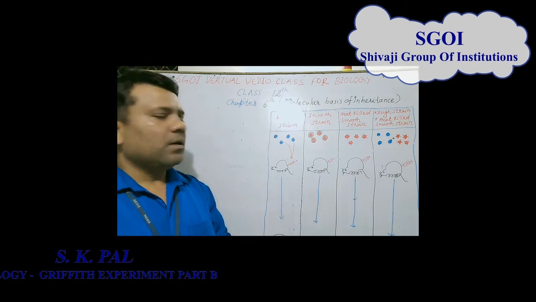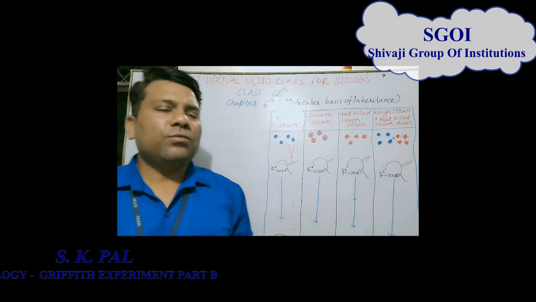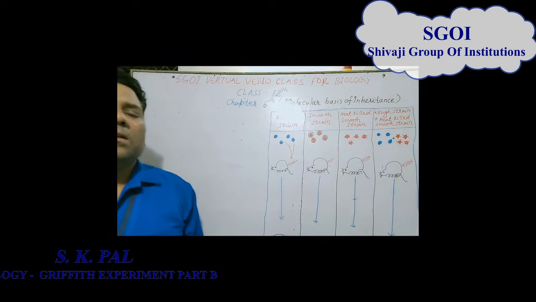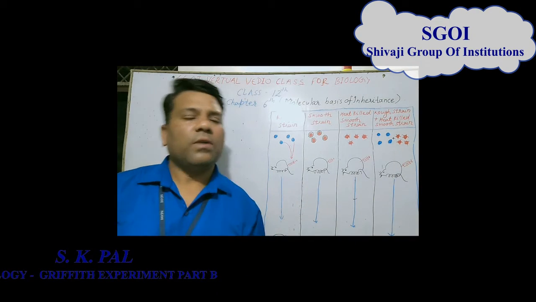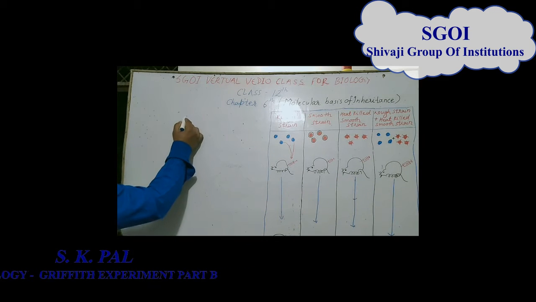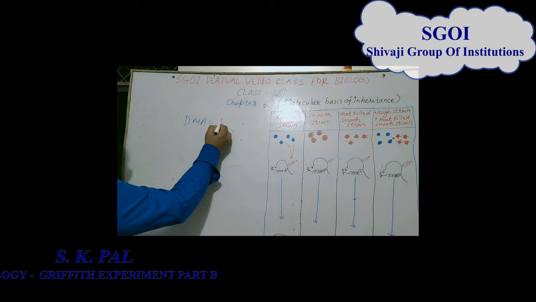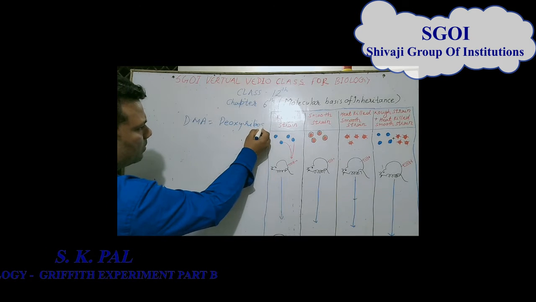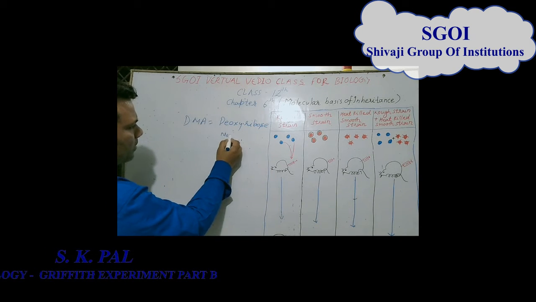So in genetics, I told you that a molecule that is responsible for transferring the information from one generation to another generation is called DNA, deoxyribose nucleic acid.